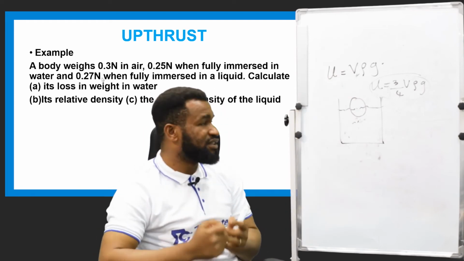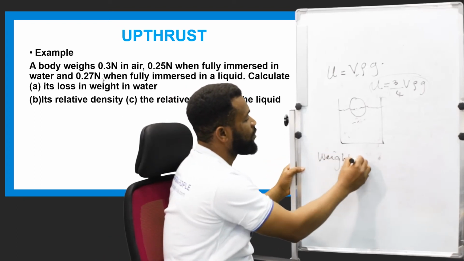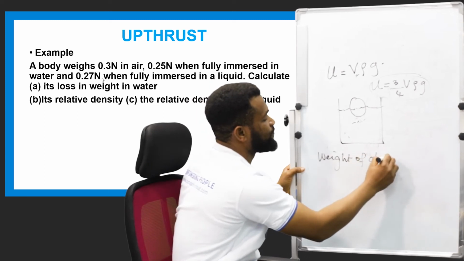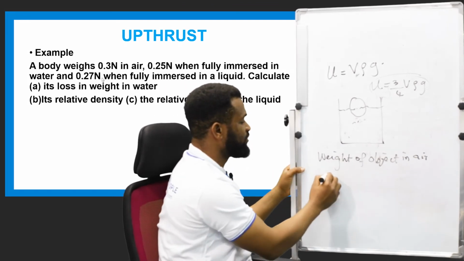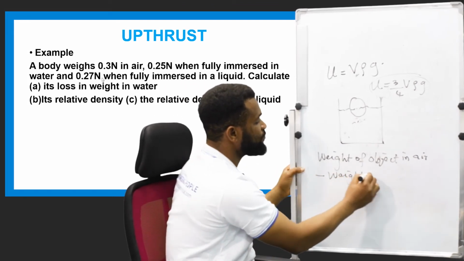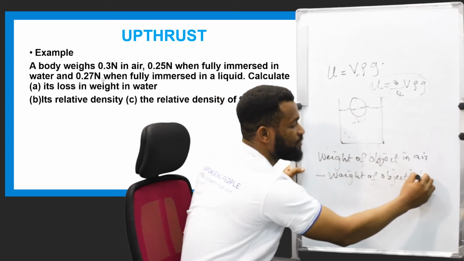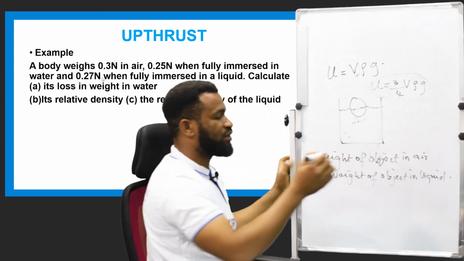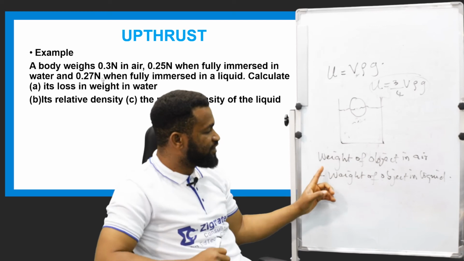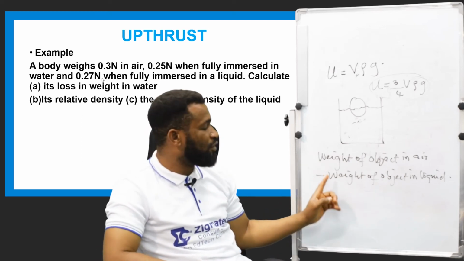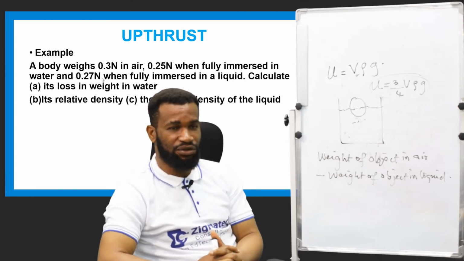Another formula for upthrust is this: the weight of the object in air minus the weight of the object in liquid, or fluid, or water, whatever it is. This is the first or general relation for upthrust, while this is also there, depending on the question you are to solve.